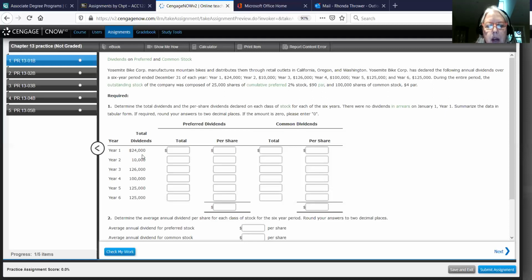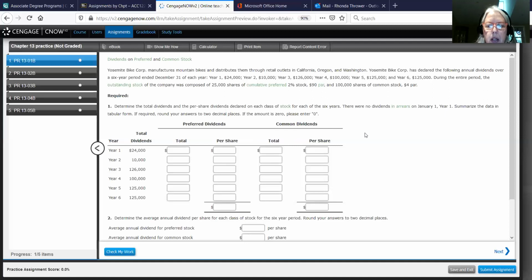This $24,000 is the dividends that are going to be paid by our company. What we have to determine is how much of those dividends are going to be paid to our preferred stockholders and how much of those total dividends are going to be paid to our common stockholders.